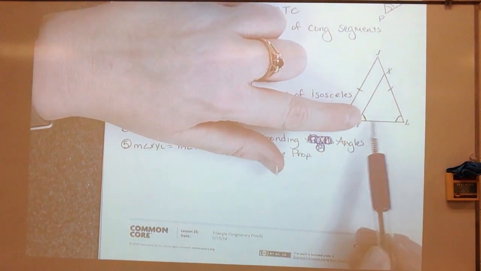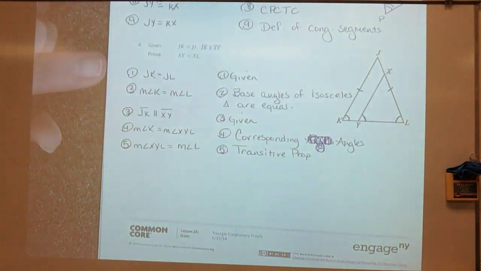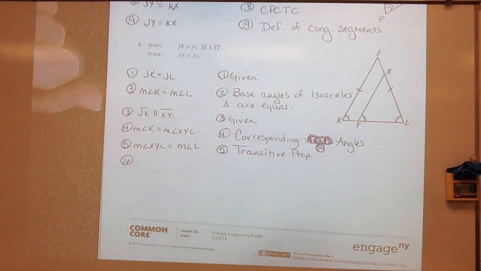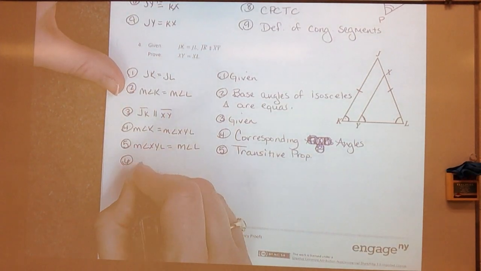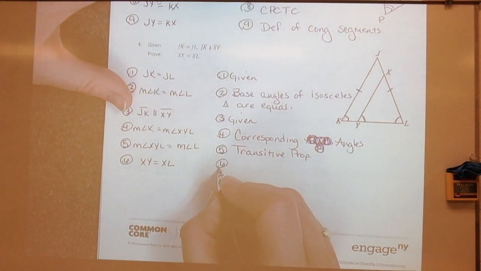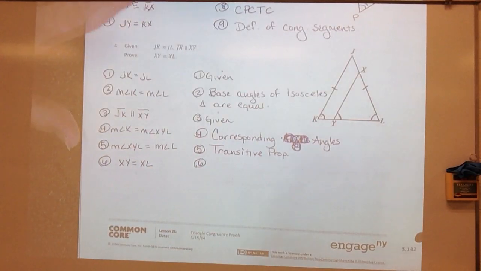And since I've proven these two angles congruent, we can just go ahead and jump to XY is equal to XL, because if two angles of a triangle are congruent, then the sides opposite those angles are equal in length.